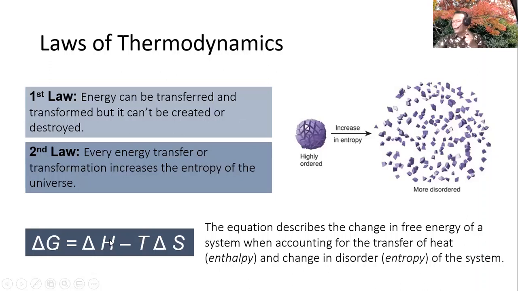This is enthalpy and change in disorder entropy of the system. So delta G equal to delta H minus T delta S.